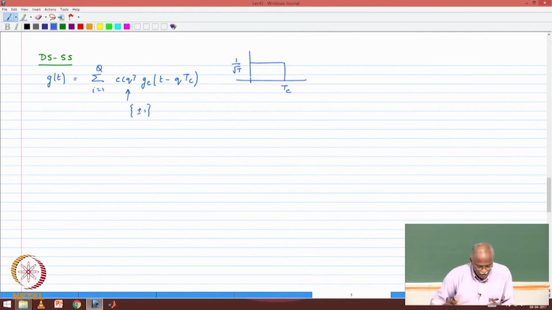So basically it's a sequence of plus or minus 1s which are then modulated.